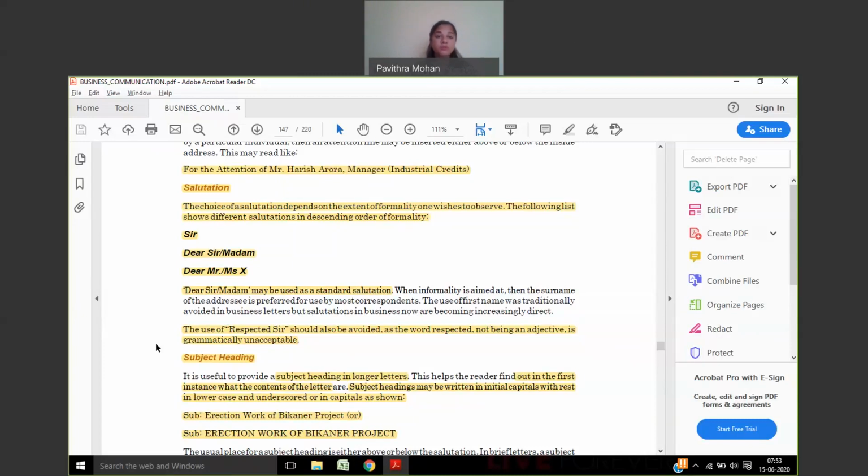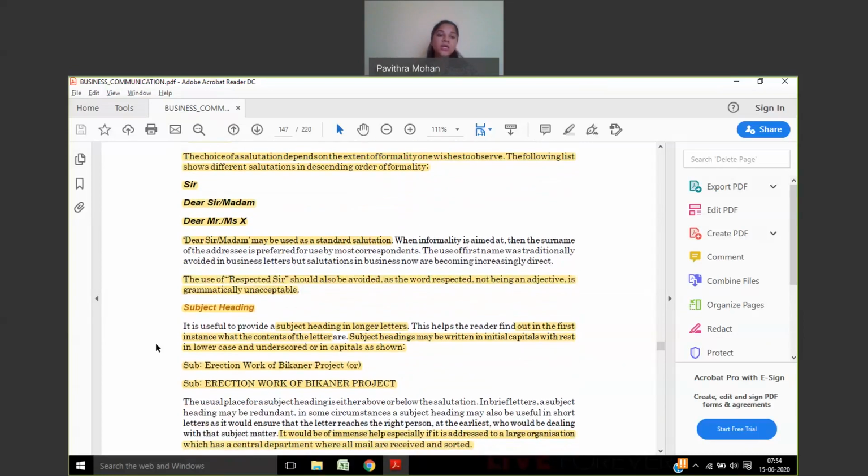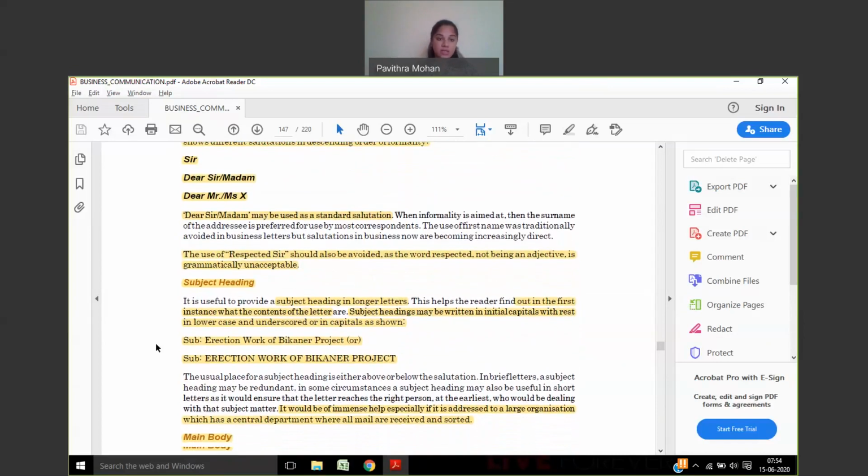We have covered this in the initial chapters. Since sir, ma'am is a noun, it needs to be preceded by an adjective. Dear is an adjective. So hence we always go with the word dear and we don't go with respected. So kindly avoid the word respected and always use the word dear: dear sir, dear madam.